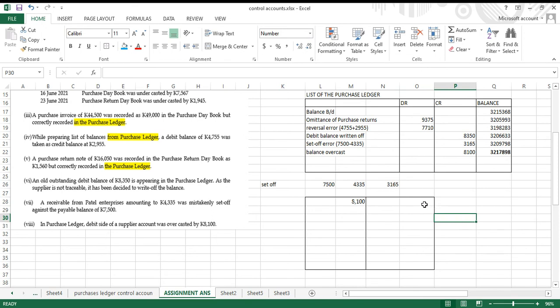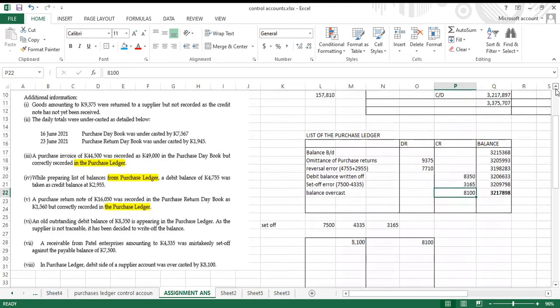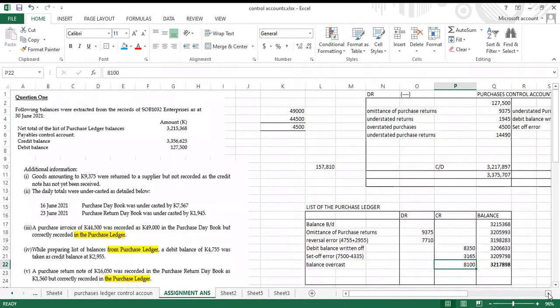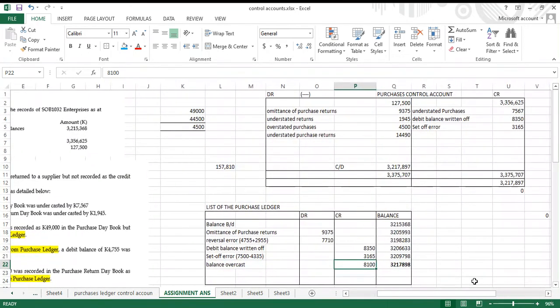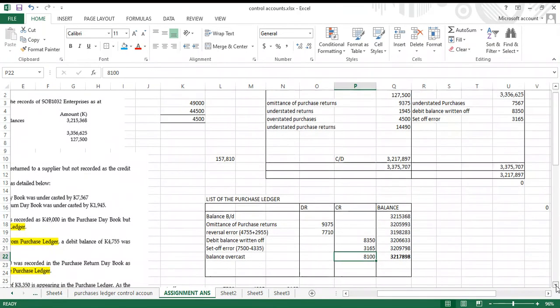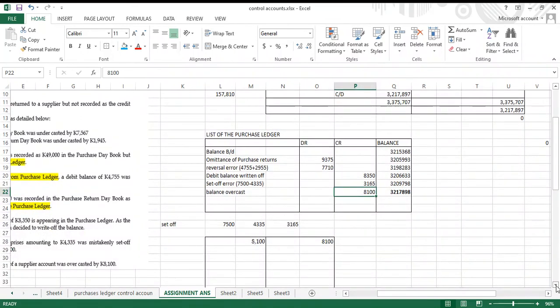To get rid of this error, we'll credit our purchase ledger 8,100, because it's only affecting the purchases ledger. So we credit it. This is what we have here, 8,100.